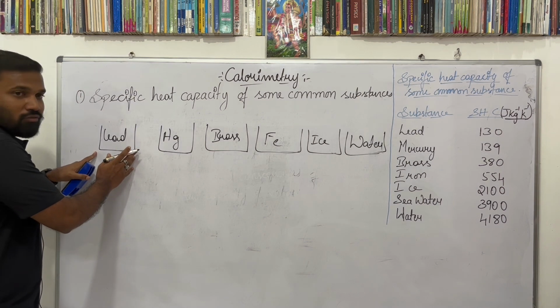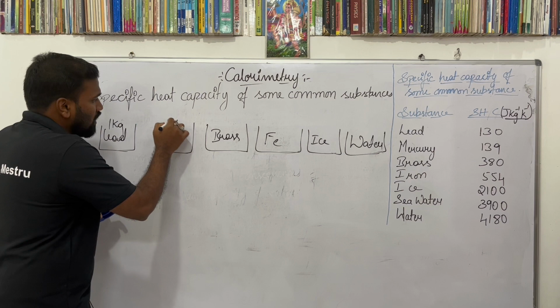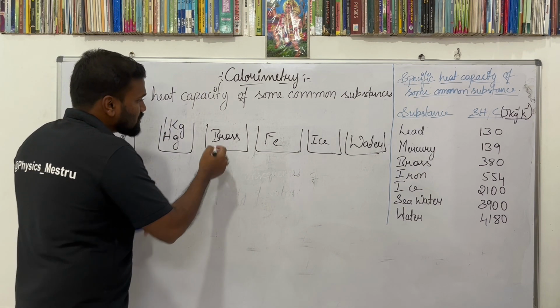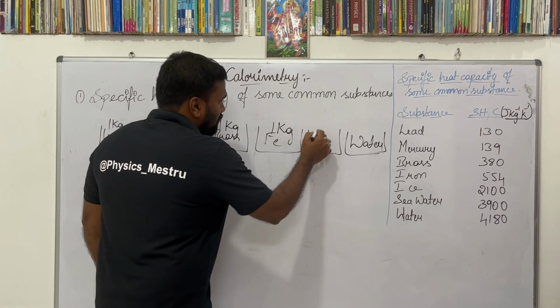How much quantity of lead is there inside this beaker? 1 kg. The mass of all the materials is 1 kg, and I kept them in this beaker.